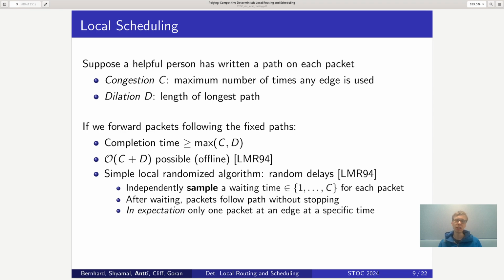Because at most C packets use the edge, the number of packets there at any specific time is in expectation at most 1. And that's with high probability at most log n. So actually, what we can then do is just multiply time by log n. And that gives us completion time (C plus D) times O(log n).